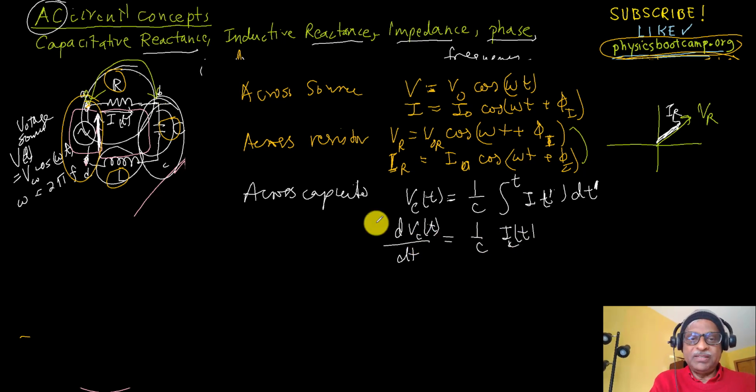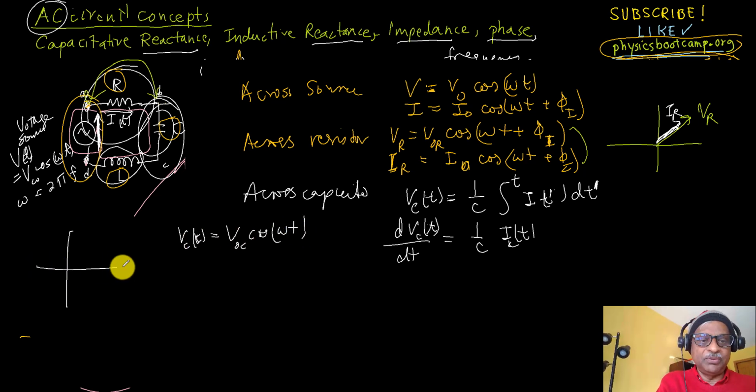So if I say VC of t is some V0C cosine omega t, just fixing the phase to 0 here because we want everything relative to it. So this is, say, in that direction, VC of t.